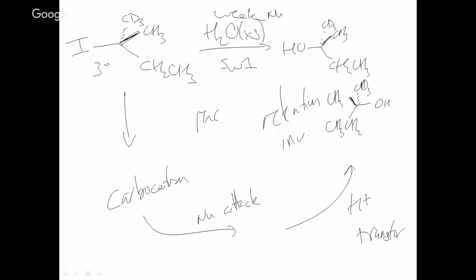We call this racemization. The stereocenter is racemized. So that's a good one to go over and think about, and then we'll go over it in class. So a couple examples.